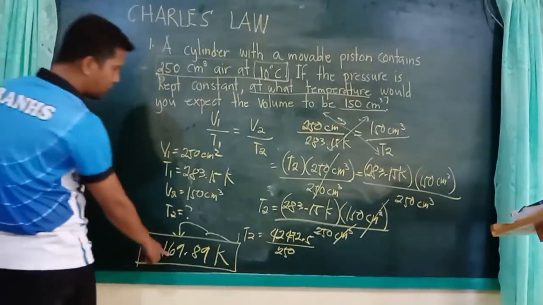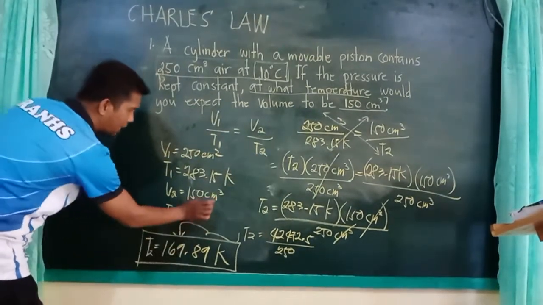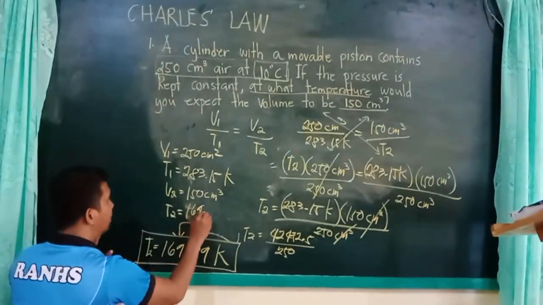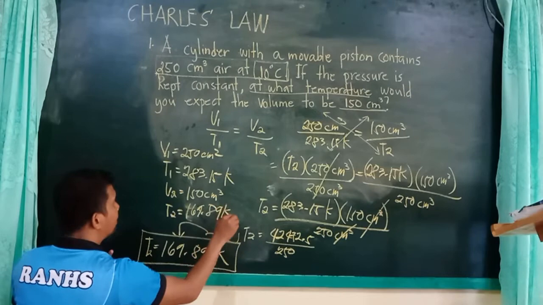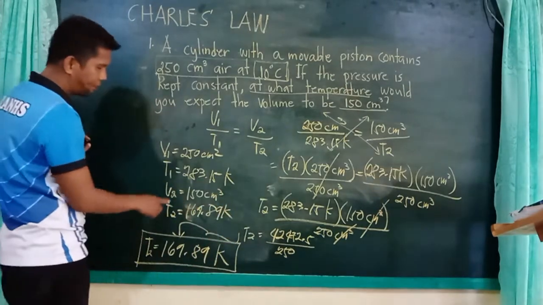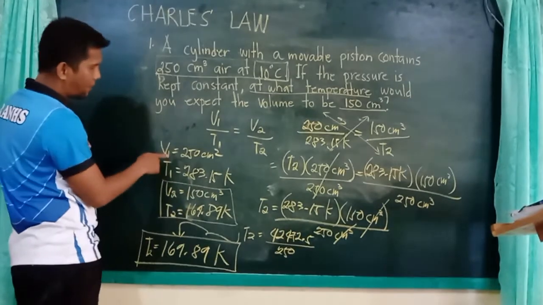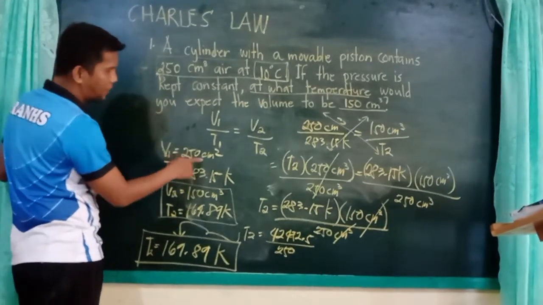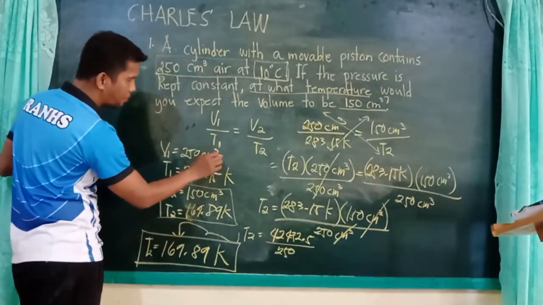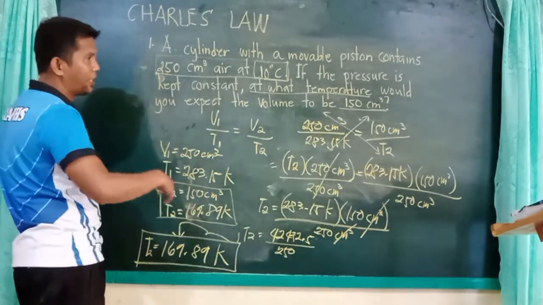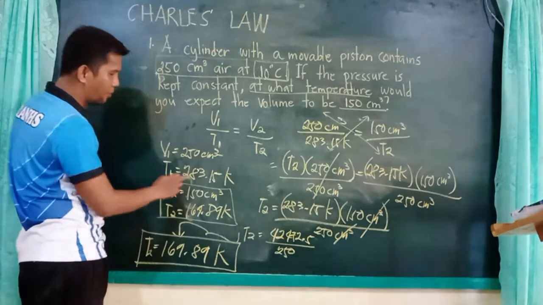Now let's observe the answer. Our answer is 169.89 Kelvin. From V1 of 250 cm cube, the volume became 150 cm cube, so we expect the volume to get lower.